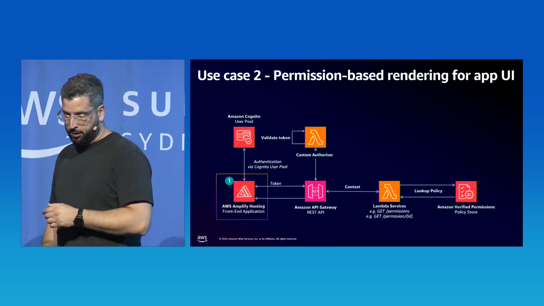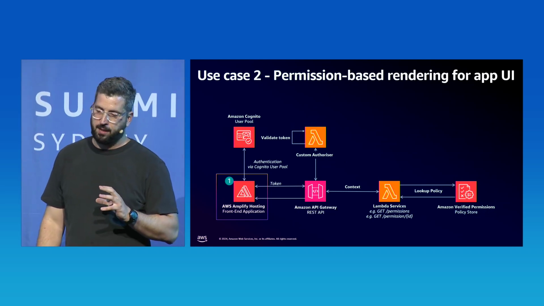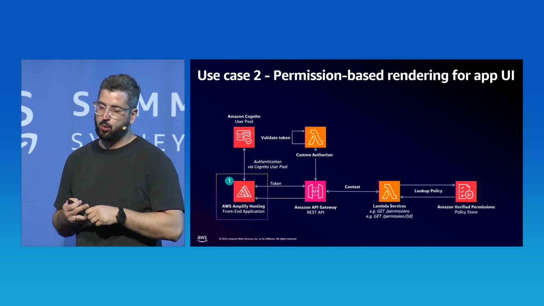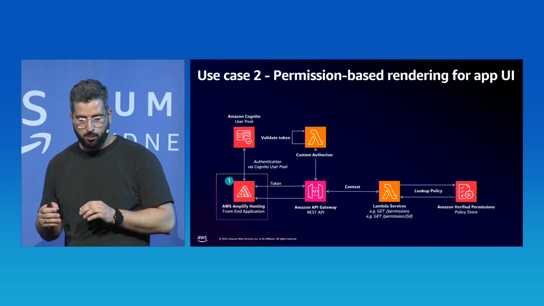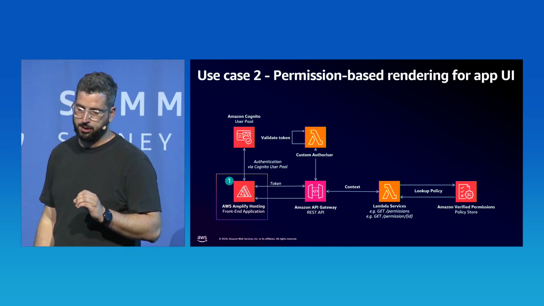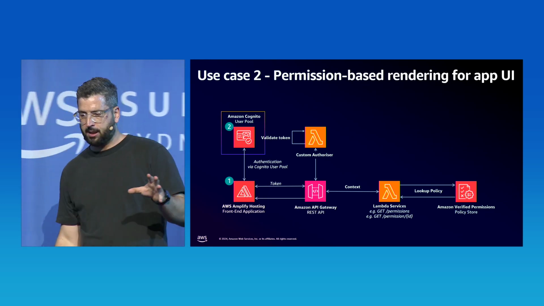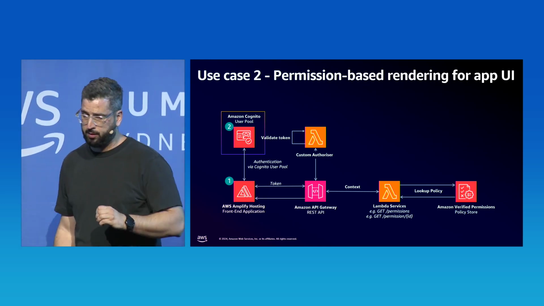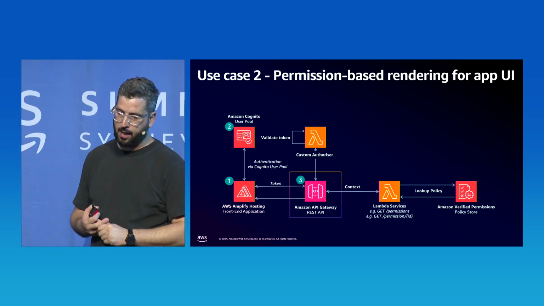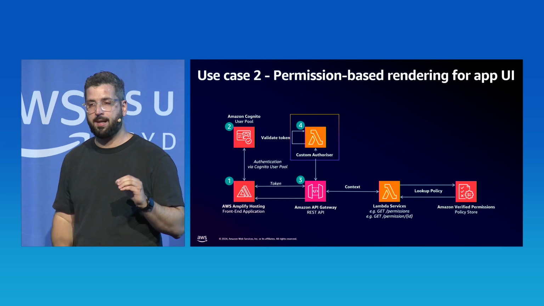Now, on the second use case, I wanted to show you an approach that we took to creatively utilize Verified Permissions to drive UI behavior. Because different users might require different permissions, it was important for us to have a flexible user interface that can change with each user. So here, similar to the previous example, steps 1, 2, and 3 use bearer tokens to validate the request, but the custom authorizer only validates the token.